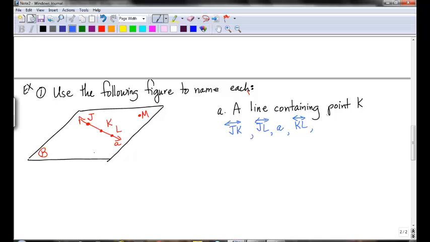We got some more. Do they have to be in that order? LK. Keep going. LJ. Keep going. KJ. Is that all of them? I think we're nearing the end. Did you get the idea? Yeah.